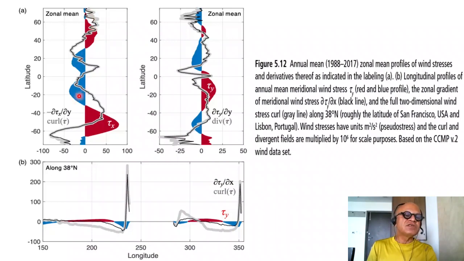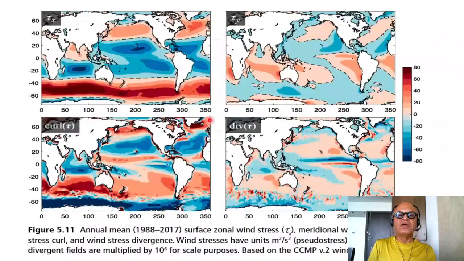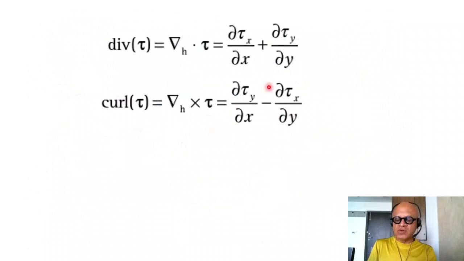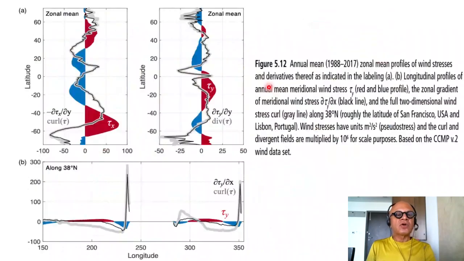What do you see? Of course, the southeast and northeast trades and the derivatives thereof. So I won't go into the details, but obviously you will see del tau x del y and del tau y del y. The meridional gradients of zonal and meridional winds are important for the terms that we have looked at in terms of curl and divergence of winds, but basically they confirm the maps we have seen.